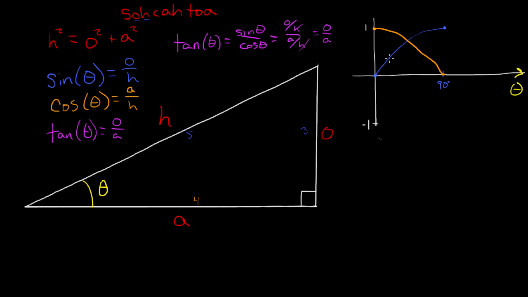Now what you would do if you were on a test and you needed to know, say, the cosine of, let's say, 60. So let's say I asked you about the cosine of 60 degrees, and you say, I have no idea, you didn't give me a calculator. All right, well, what you do, you go to 60 degrees on this graph, you find out where that intersects with the cosine, and you find out that it's exactly equal to 1/2.